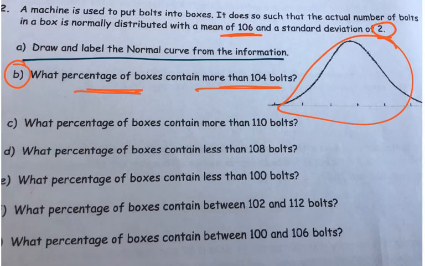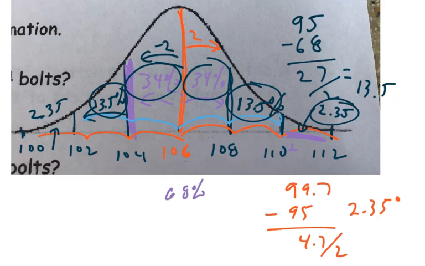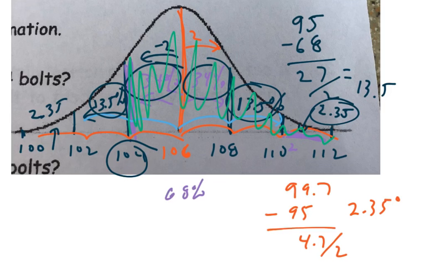If we want to know what's more than 104, well, isn't 104 right here? More than 104 would be, now guys, I'm going to scribble then erase. That would be from here all the way to the highest value, right? Everybody understand that?